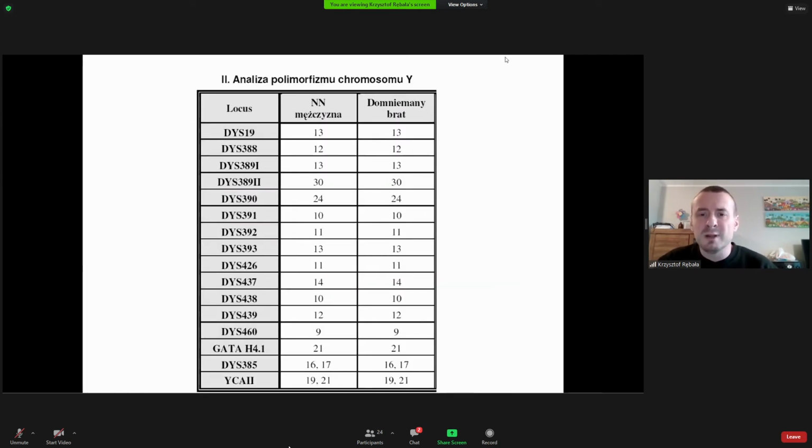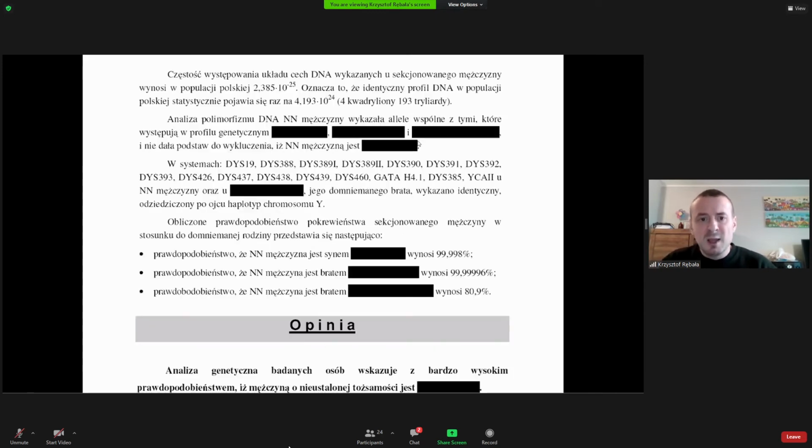I also compared the Y chromosomes of this NN and his putative brother, and the Y chromosomal haplotypes were identical. And I also computed the probability that this man was a son of this woman, and that he was a brother of this man, which was even higher because the Y chromosome was included in the examination.